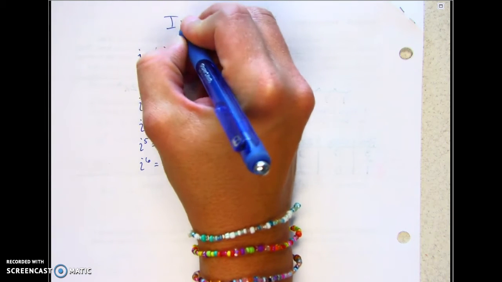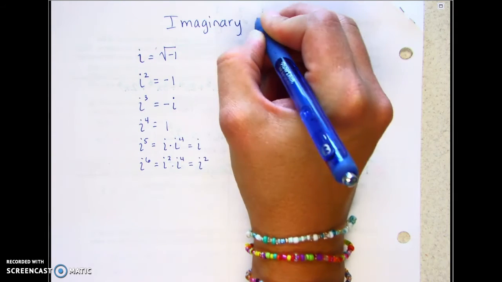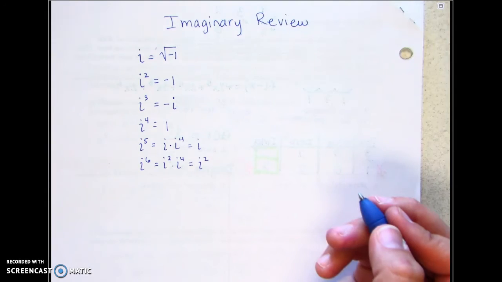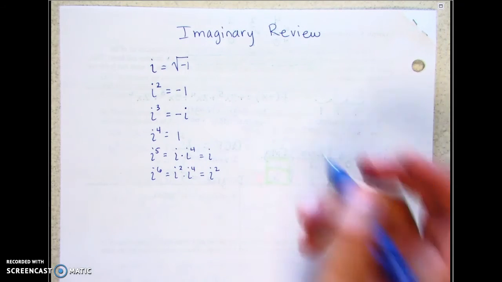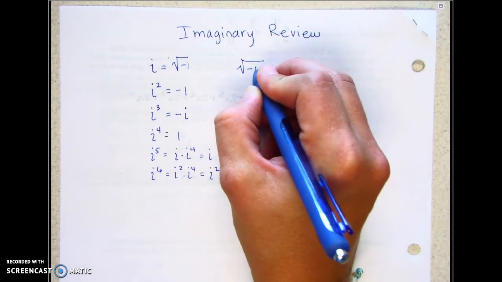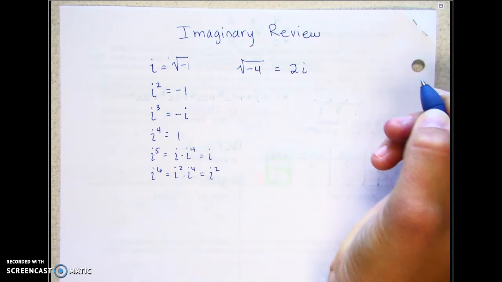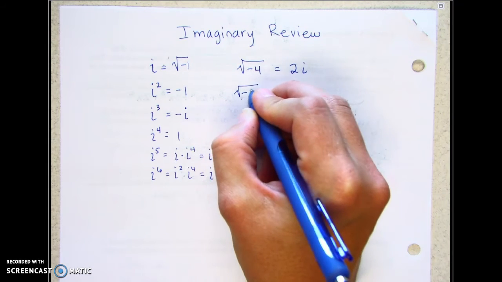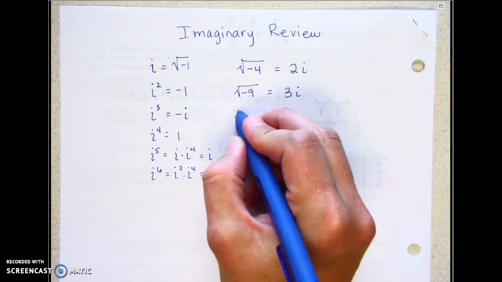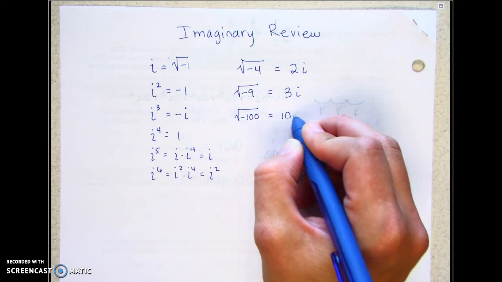What is this paper called? Imaginary Review. If it's not review for you, it's not hard. Okay? You could learn it in a day or two. So square root of -4 is going to be 2i. What's the square root of negative 9? 3i. What's the square root of negative 100? 10i.